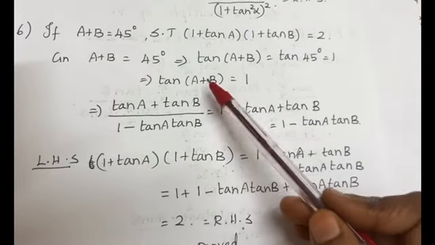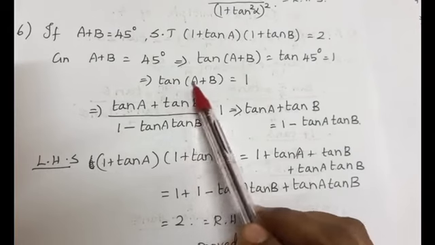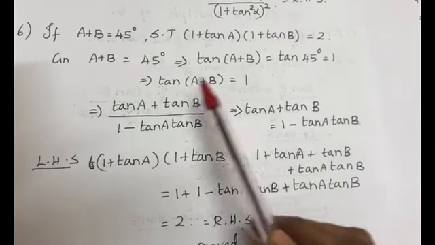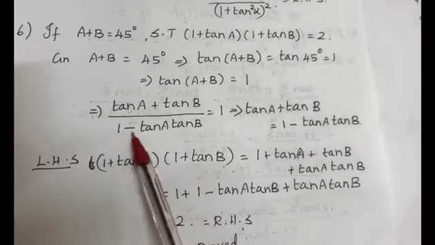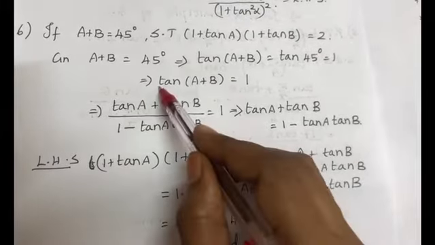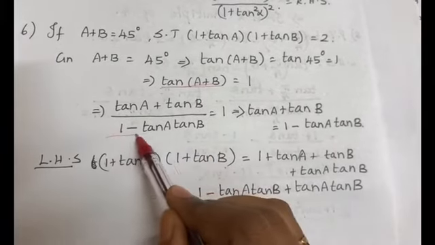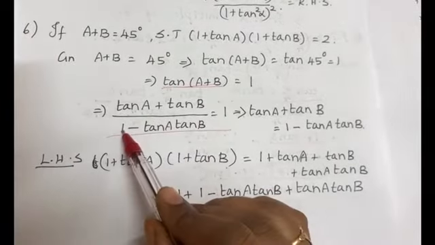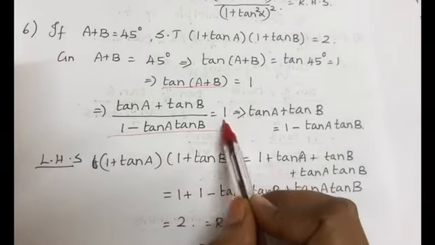Here, we can use the tan a plus b formula. Tan of a plus b is equal to tan a plus tan b divided by 1 minus tan a into tan b, and that is equal to 1.